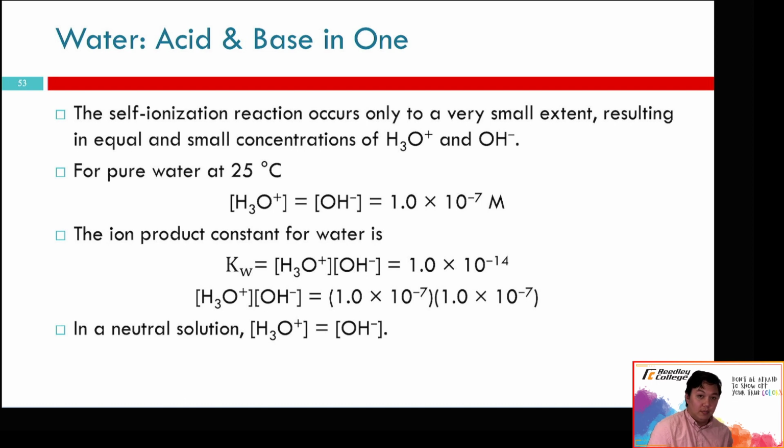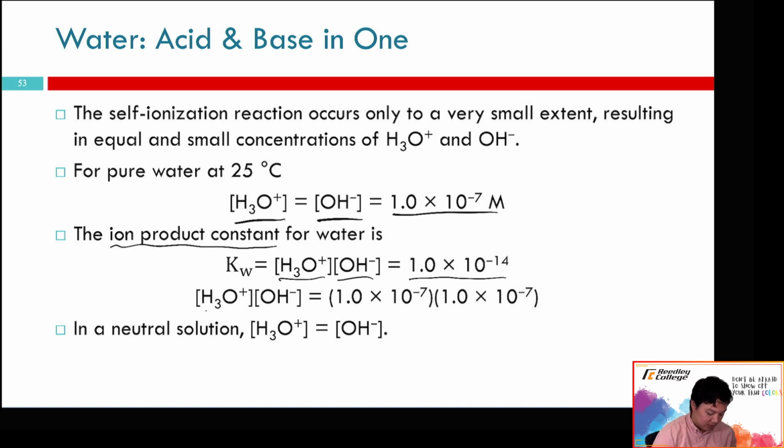For pure water, 25 degrees C, the concentration of hydronium is equal to the concentration of OH minus, and each of those has a concentration of 1 times 10 to the negative 7 molar. So the product then, this is the ion product constant for water, is hydronium times hydroxide to get a total ion concentration of 1 times 10 to the negative 14.